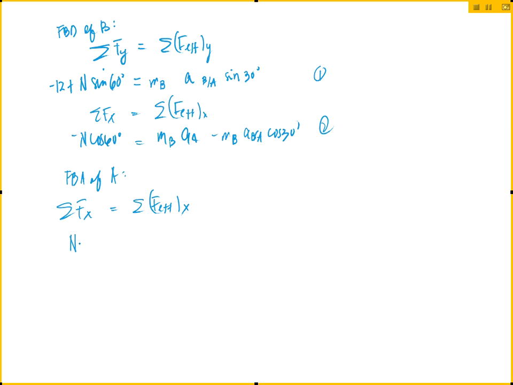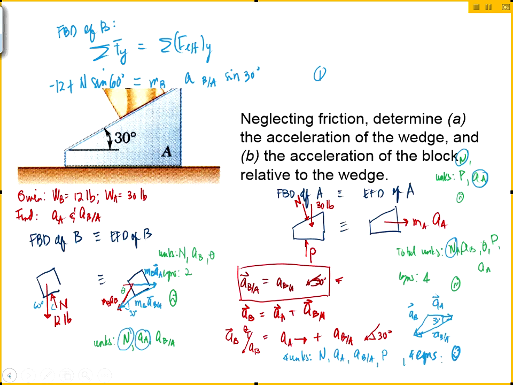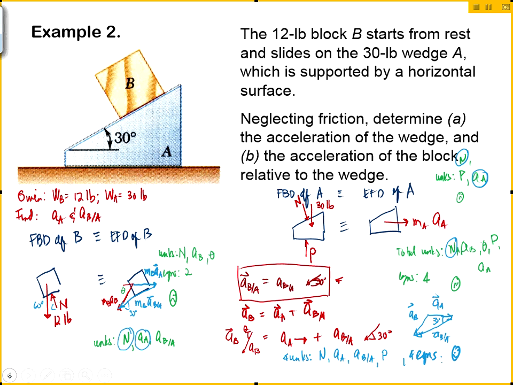It will be a positive N cosine 60 to the right, must be equal to, what do we have on the right side? It will be mass of A times acceleration of A. You okay with that? The only horizontal component comes from N cosine 60, m_A a_A.